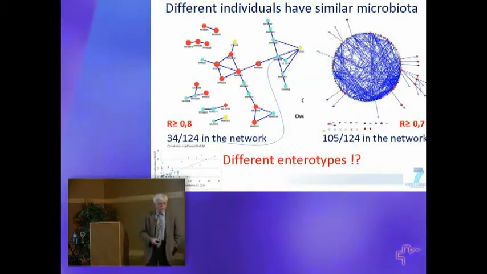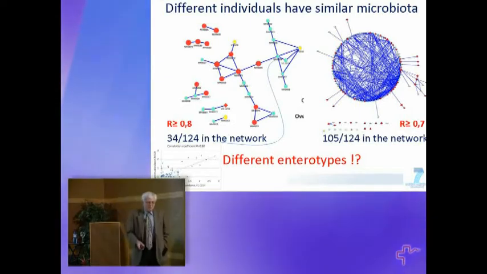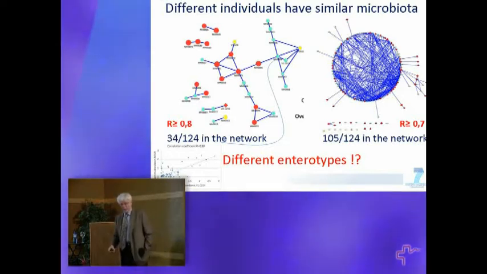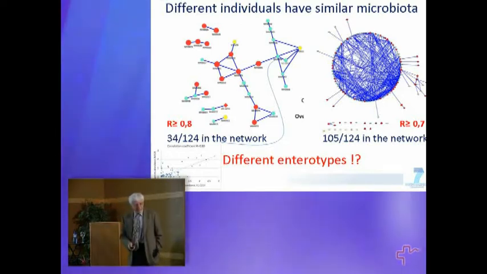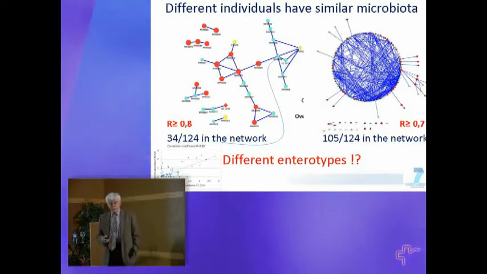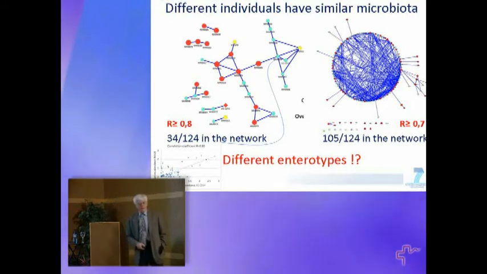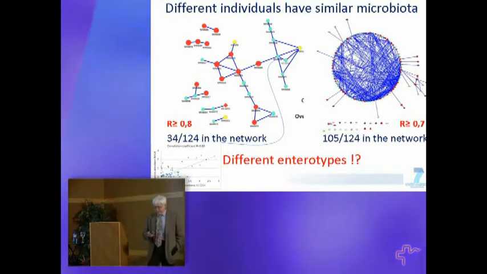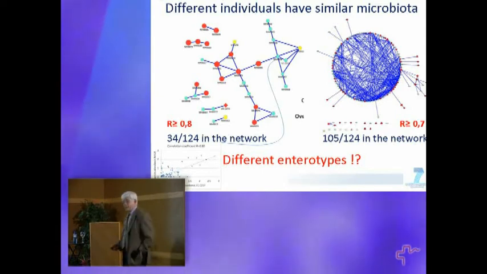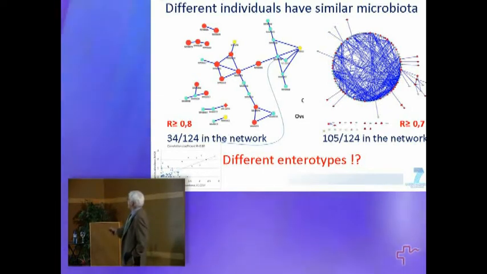And that brings to mind the concept of enterotypes, which is like blood types or tissue types. But it's quite early, anyhow. If one lowers the threshold from about 0.8 to 0.7, one gets a network which is quite complex. We need to learn more. There are some subnetworks.